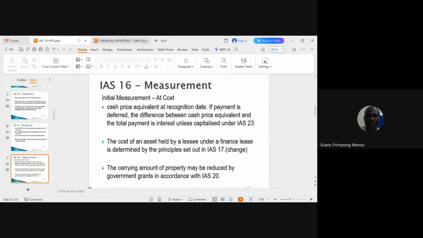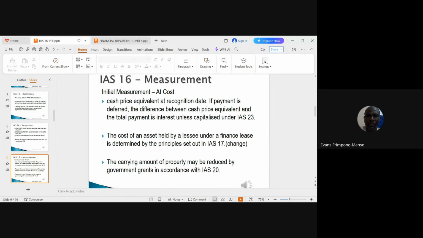The next one is, how do we measure property, plant, and equipment? Now, with this measurement, we will look at initial measurement. That is, when you are sending the property, plant, and equipment to the balance sheet, or the financial position statement, the first time. That is what is called the initial measurement.